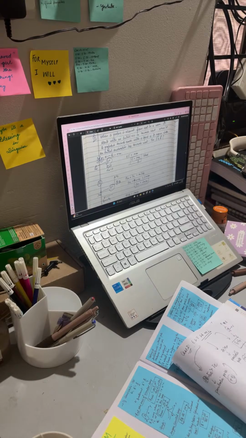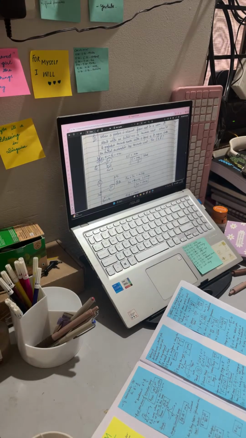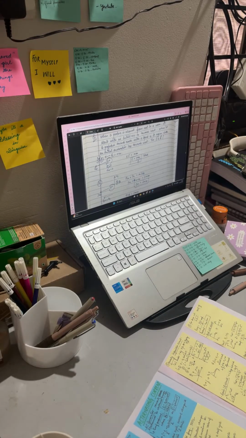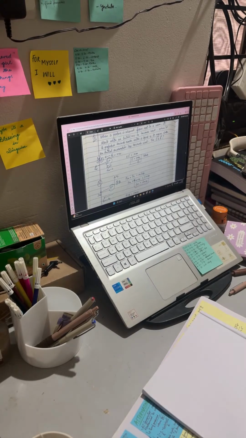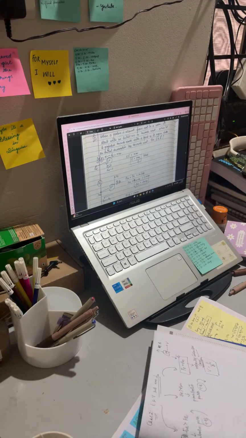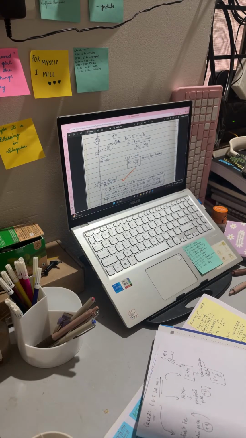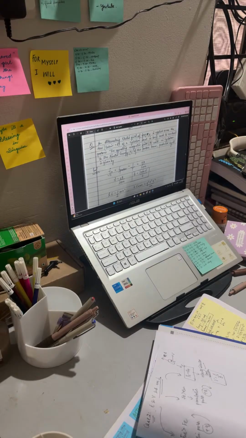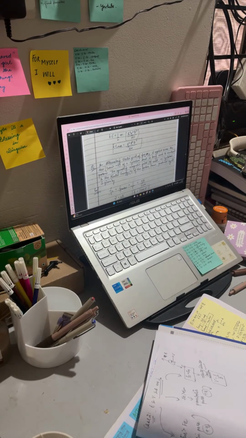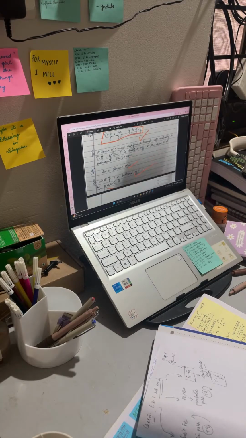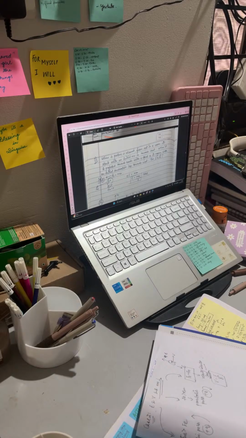When a proton is released from rest in a room, it starts with an initial acceleration a naught towards east.